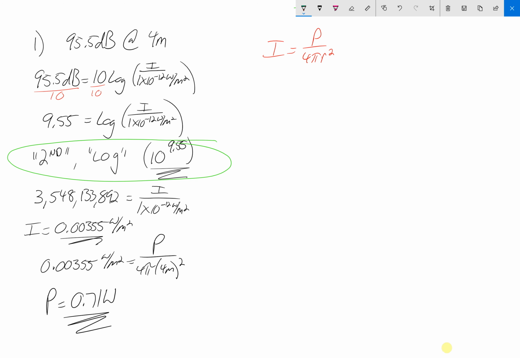When you're putting things in your calculator, there's a difference between, for example, 5 divided by 4 pi times 3 squared, and 5 divided by 4 pi 3 squared with the whole thing enclosed in parentheses. So you're going to want to put the denominator in parentheses, please. Otherwise, you're dividing by 4, and then multiplying by pi times 3 squared, versus dividing by 4 pi times 3 squared, the whole quantity. So please watch order of operations on that.